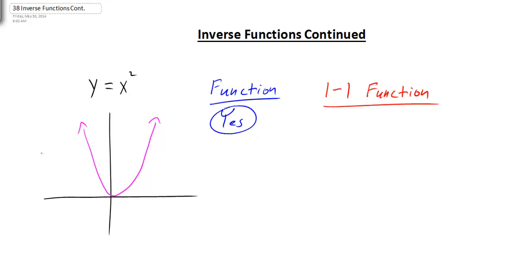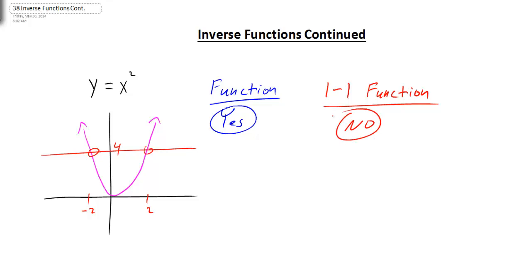Well, if we draw a line through here horizontally, it's going to cross the graph twice, which means that for this particular y value, we have two x values. So here, let's say when x is -2 or x is +2, we're getting out the same y value of 4. So therefore, this is not a one-to-one function.